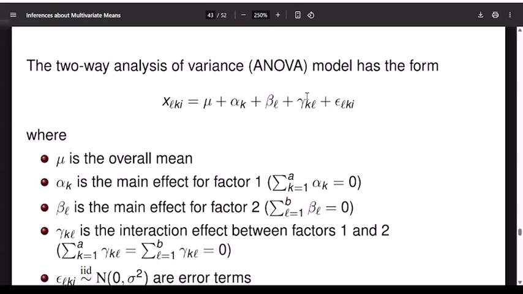Do you know that if I'm looking at the effect of extracurriculum activity, for instance, if I'm looking at the effects of gender, I mean male, female, this is going to be factor one, and extracurriculum activity.